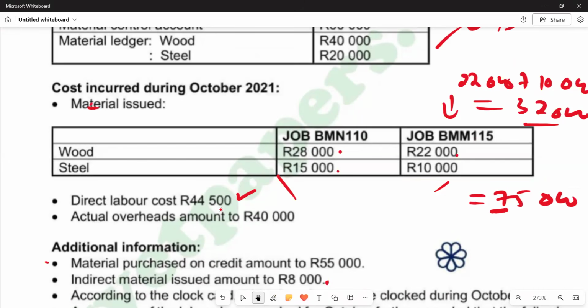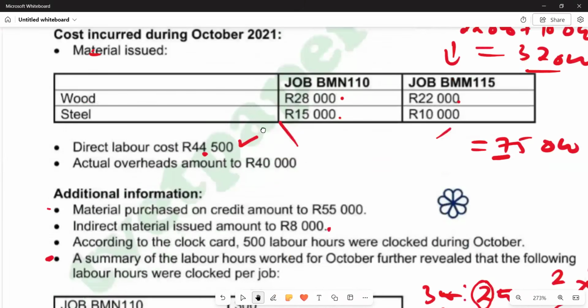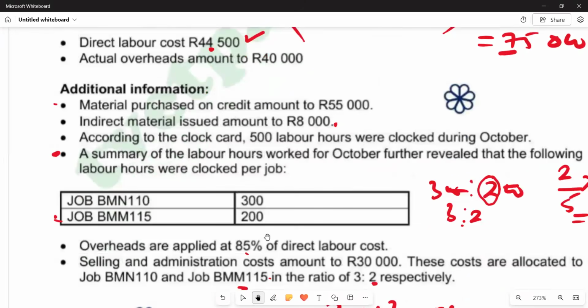So 75,000 is the figure for material control. And then for labor control, we have it here, which is 44,500. So material control 75,000, labor control 44,500. So we go there. So this is what we have. We'll just try to see how we can go about it.